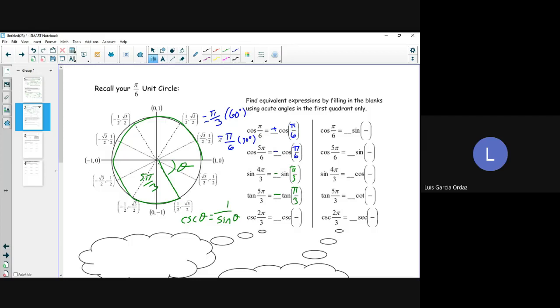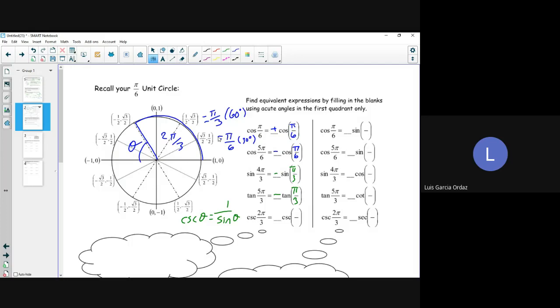Okay, so now we're just going to draw this angle out. So sine of 2 pi over 3 is going to land us in what quadrant? 1, 2. So this is 2 pi over 3.